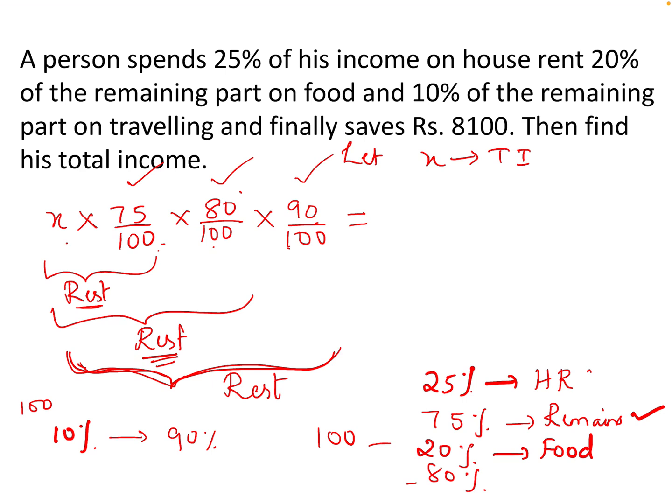So this whole together will give us savings, which is equal to 8,100. So now cancel it directly. The zeros cancel here.